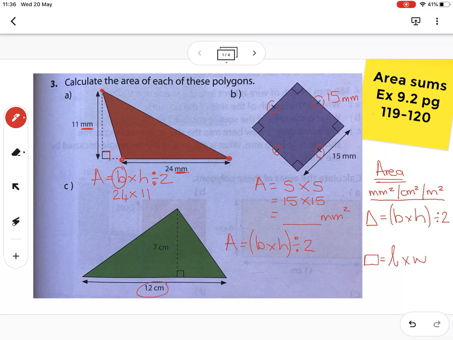Base here is my 12. And do you see now the perpendicular height, the height that's straight up and that goes to the highest point, is given as 7. So that's what you're going to work out. Don't forget, after you've timesed them, to divide them by 2. Okay, you're going to work that out further by yourselves.